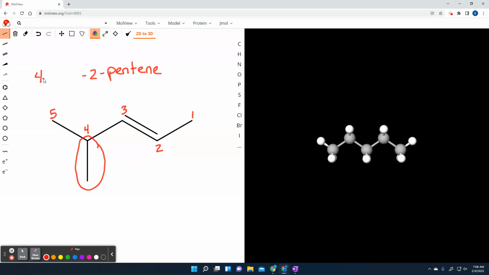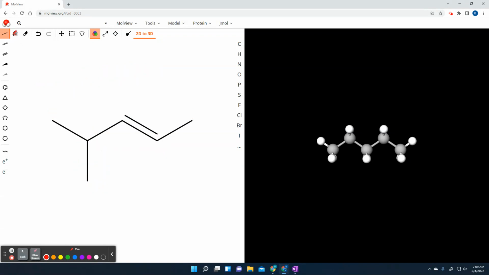It would be 4-methyl-2-pentene. So like I said, it doesn't change anything that we've done so far. It kind of inserts itself as the major thing to identify whenever you're doing your numbering.